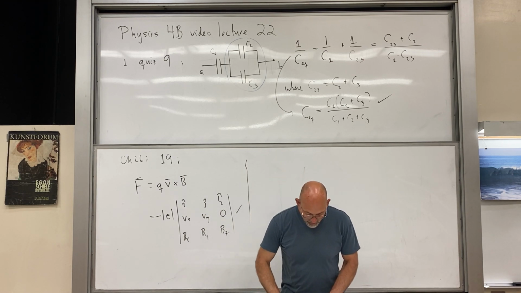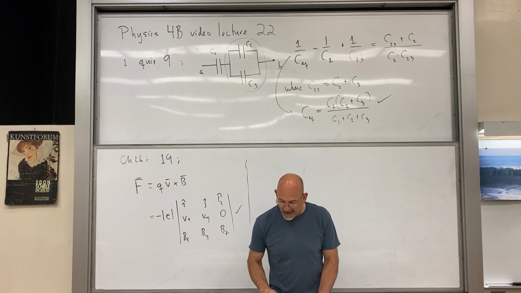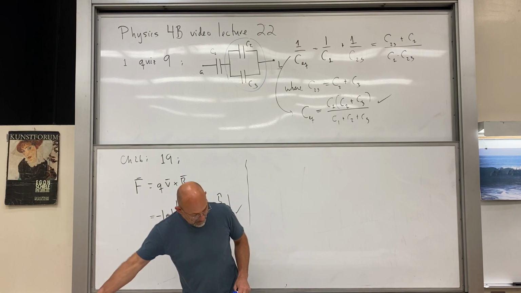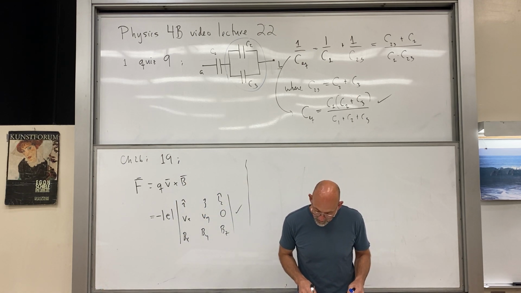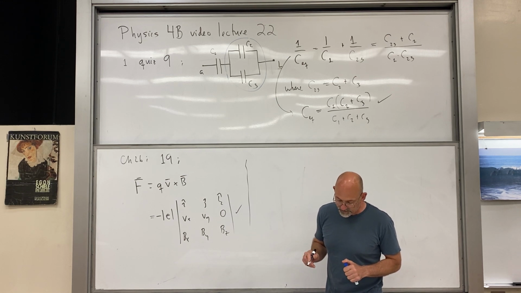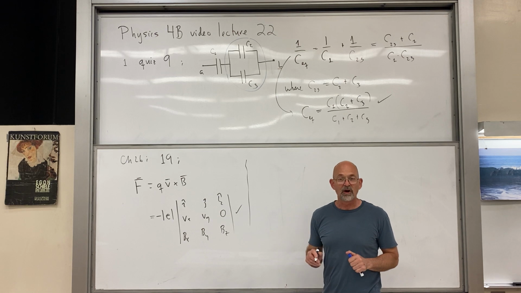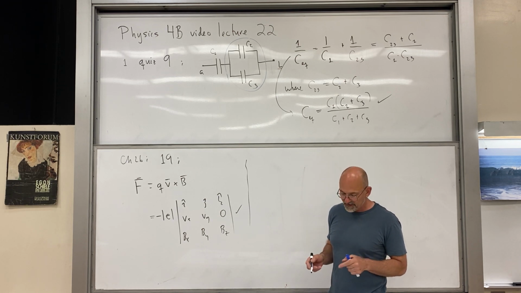A couple of other good problems going on here. Problem 28. I should actually consult the book here. Well, it was a circular motion problem for a charged particle in a B field where the velocity is perpendicular to the B field.